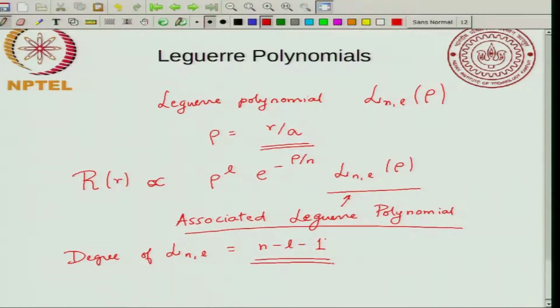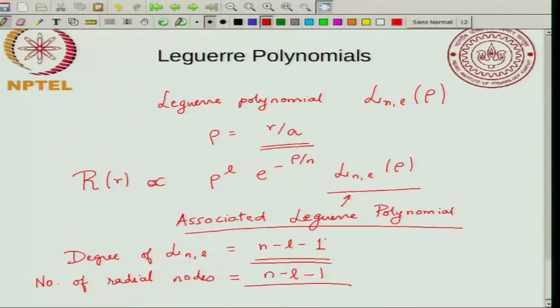Because if you have a polynomial of degree n minus L minus 1, then it will go to 0 at n minus L minus 1 points. That means the number of radial nodes equals n minus L minus 1. This is a very useful result that you will see in your quantum mechanics courses.